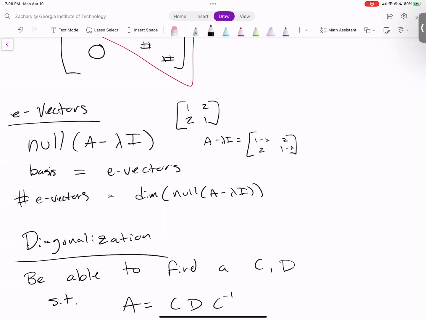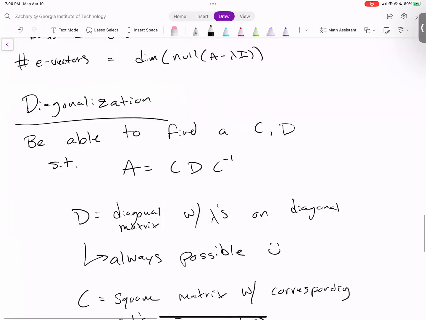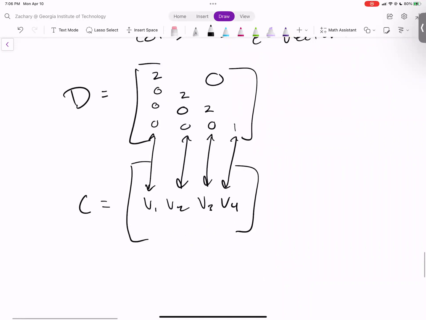We'll always have as many eigenvectors as we do free variables. So, do we know we can find a V4? Yes, we'll always be able to find at least 1 eigenvector. Otherwise, that eigenvalue doesn't make sense. It doesn't satisfy A times V equals lambda V.